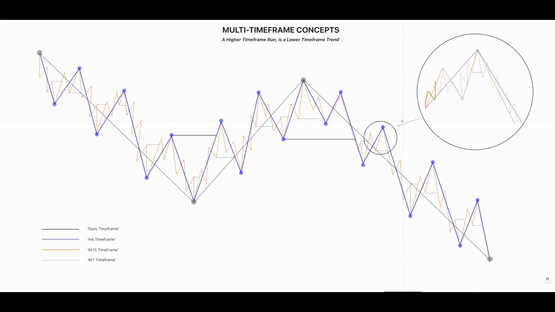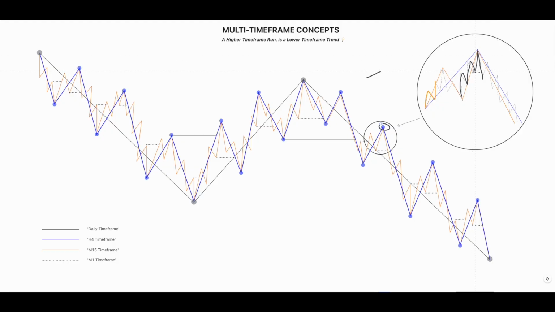Okay, so if we wanted to try and catch the very start of this 4 hour lower high here, we can obviously look at the 1 minute time frame. Let me just mark this out in black again. So here, the 1 minute time frame is making higher highs and higher lows. The 1 minute time frame then shifts bearish. So if we want to try and anticipate to catch this 4 hour lower high, we can jump into the 1 minute.